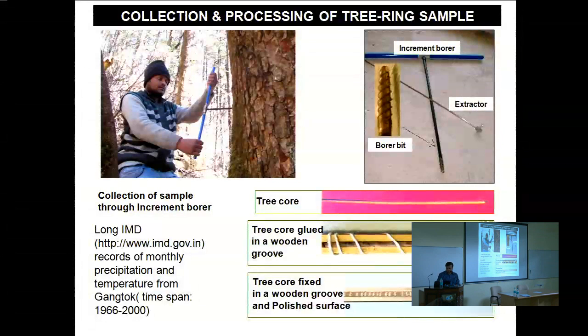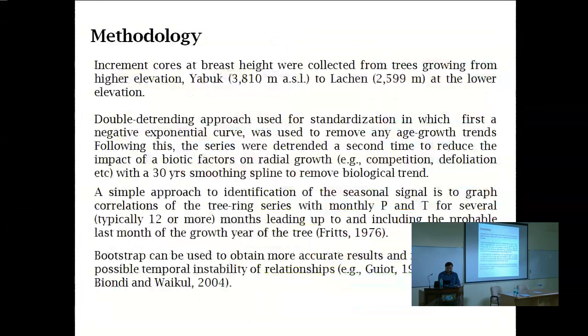Okay. So the methodology. Once we are able to measure the raw ring width of the tree, we apply different statistical methods to extract the signals. I have used the double detrending method for the standardization of tree rings: the first is negative exponential, and the second is the 30-year spline method.